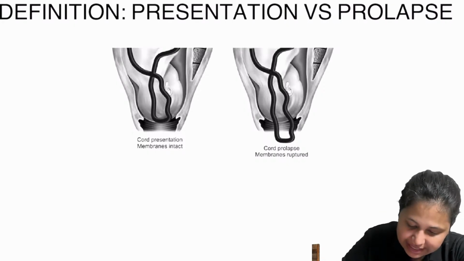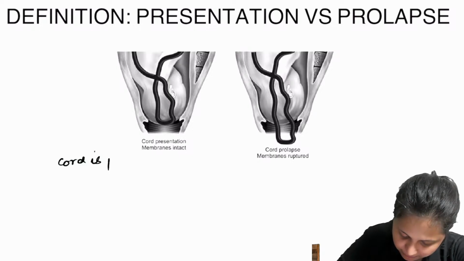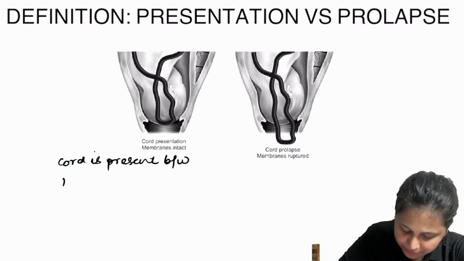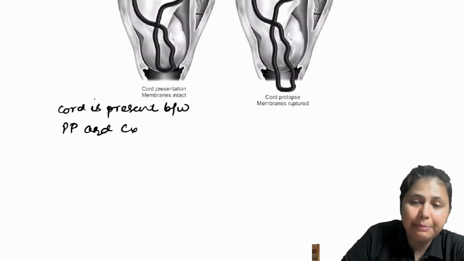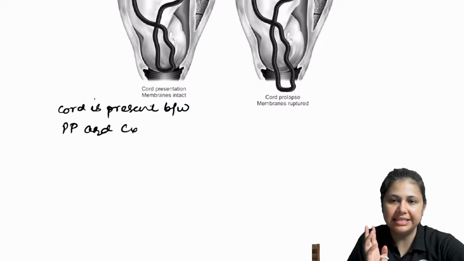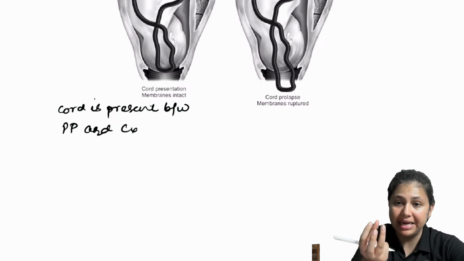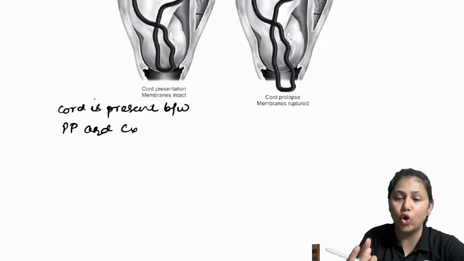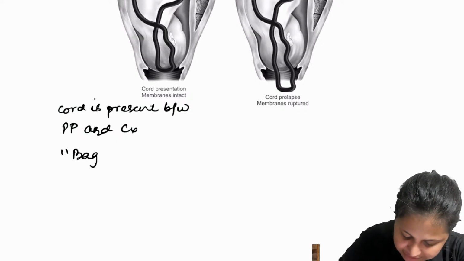And this will typically, so cord is present between your presenting part and your cervix, right? And typically, when you do a per vaginal examination, you will feel a bag of membranes, and inside that bag of membranes, you will feel the umbilical cord-like structure that will give a typical bag of worms feel.